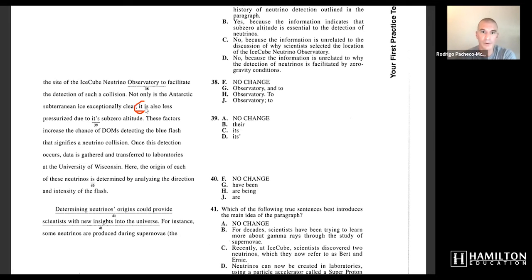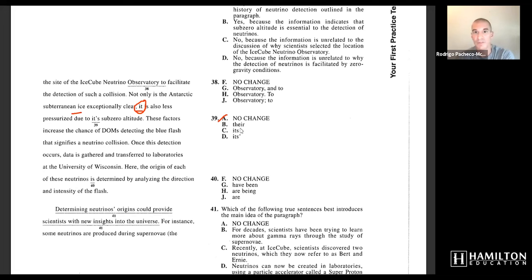We already know that we're talking about something that's singular, the subterranean ice. Here we use it to refer to ice. So what we need here is a singular possessive pronoun. If we look at A, no change, this is a contraction for it is, not a possessive pronoun.